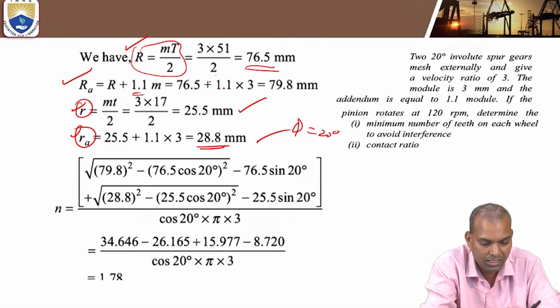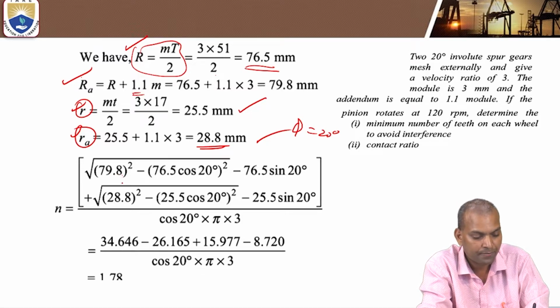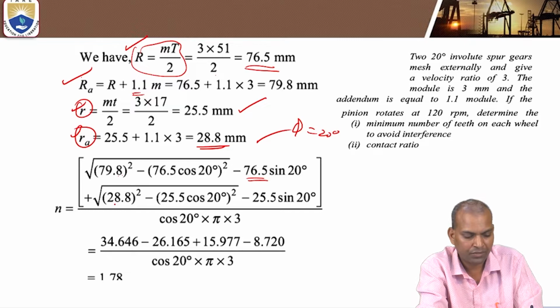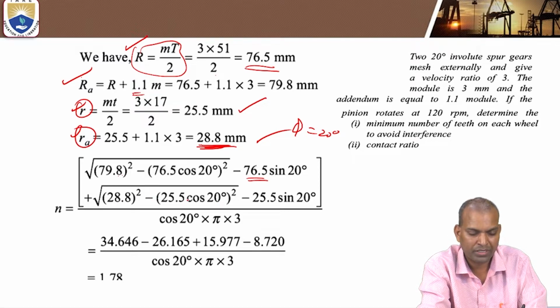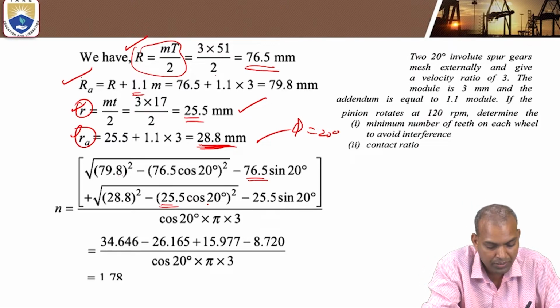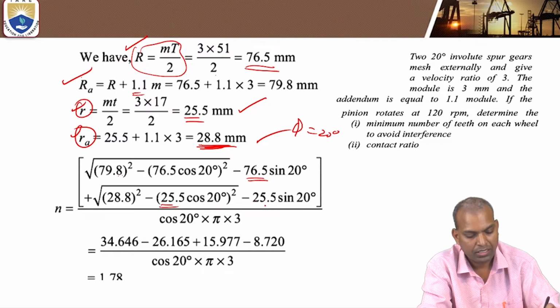That is RA, 79.8, capital RA square minus R cos phi whole square, minus R, which is 76.5, sin 20, plus the terms related to the pinion, path of recess, that is small ra 28.8 whole square minus small r cos phi whole square, where small r is 25.5 and cos 20, minus small r sin phi, 25.5 sin phi. Then the value comes as 1.78.